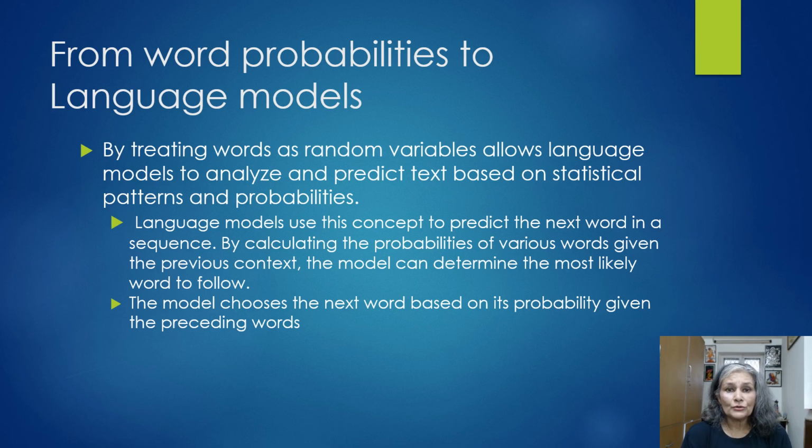Language models are able to do this kind of probability estimation by training on a very large corpus of textual data. In the next video, we will dive into word probabilities and how they're estimated. It is a little more complex, but trust me, it is absolutely critical to understanding how language models function.